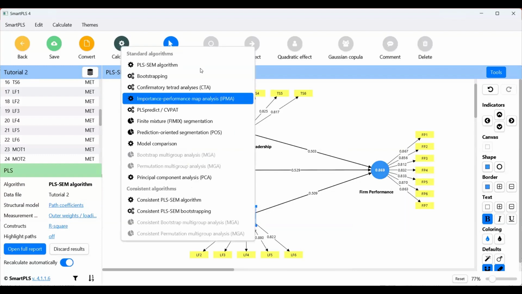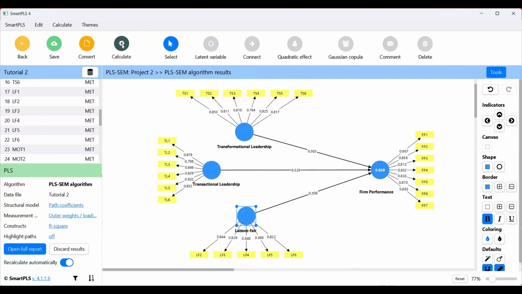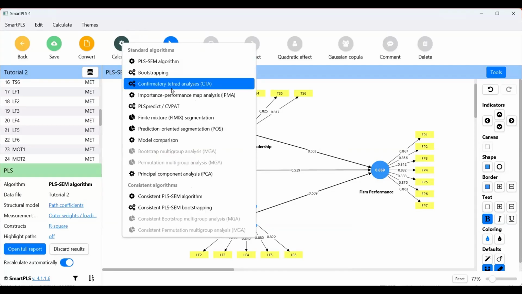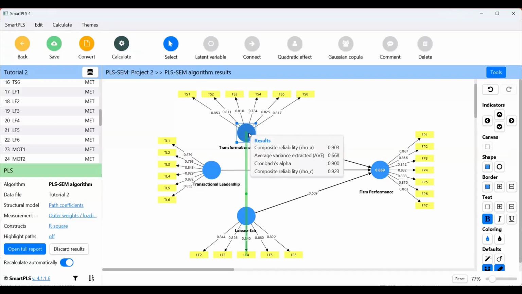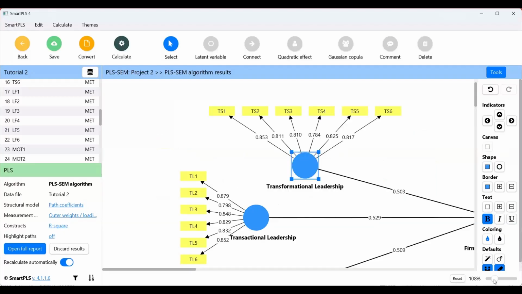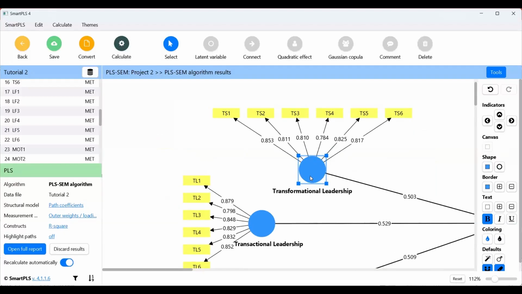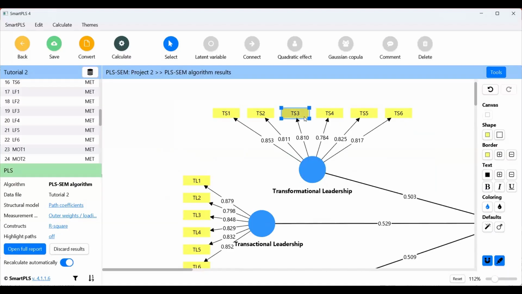But we are looking at confirmatory tetrad analysis, right? So you want to know whether these models are supposed to be reflective. Already we know that what we are seeing here are all reflective models. Let me zoom in. Because the arrows are pointing towards the indicators, it means that they are all reflective.